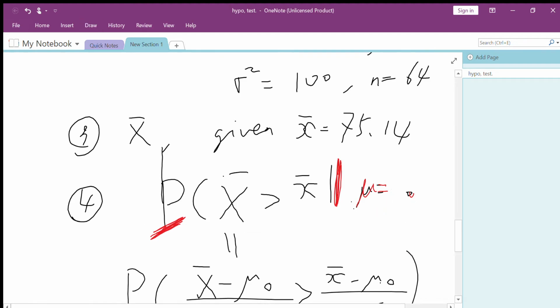So just keep in mind it is a fact, and it is okay to do it this way.